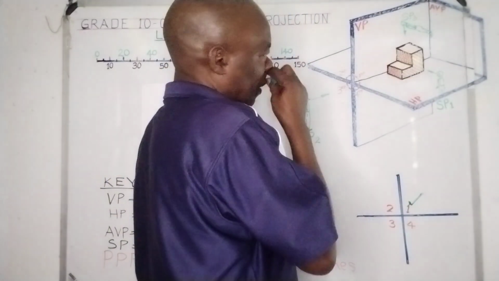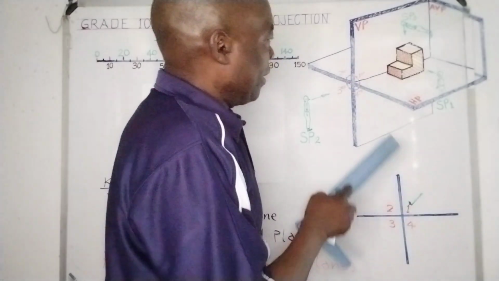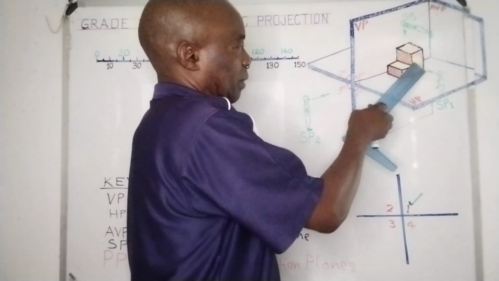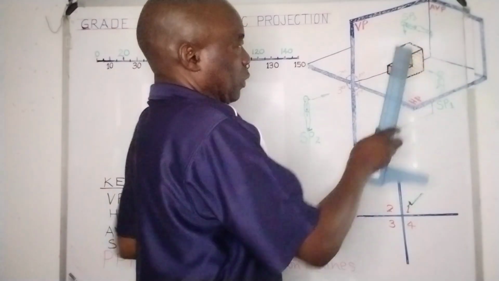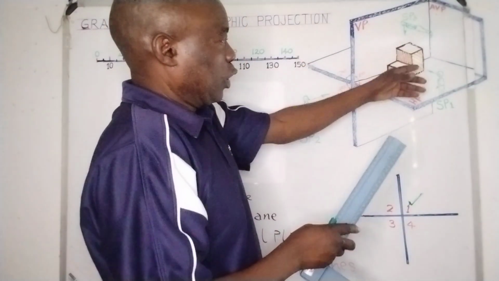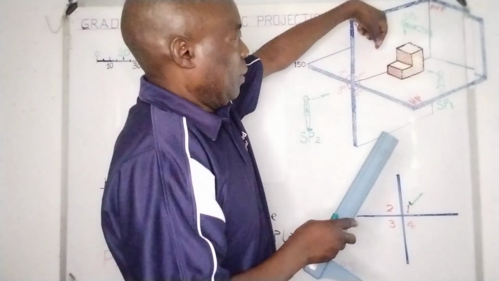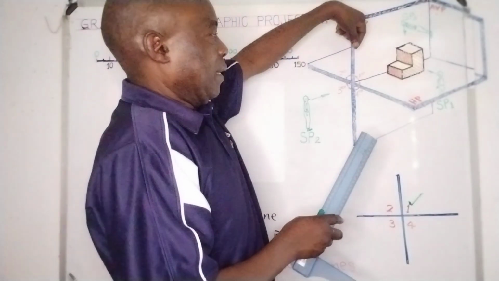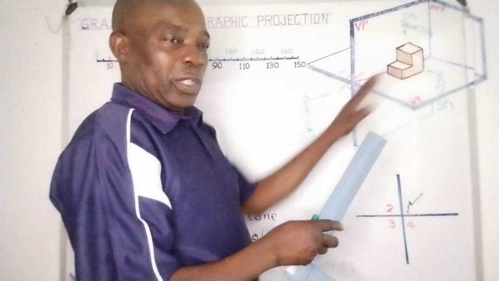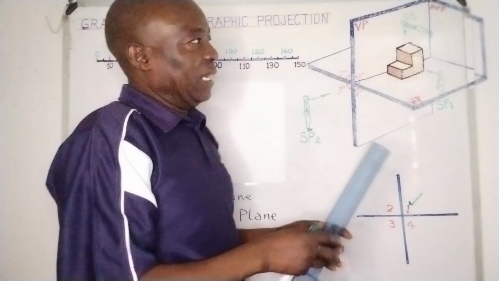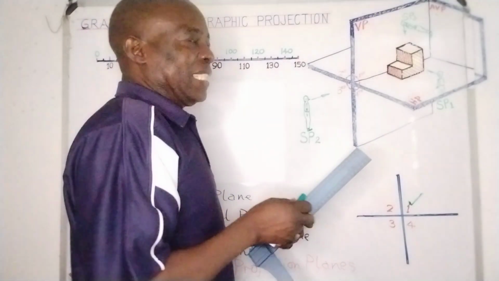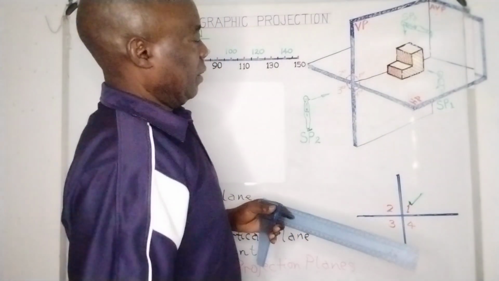Right. So those rays from the torch will actually be forming the shadow. So let me do that quickly. So these are the projection of the rays, like that.